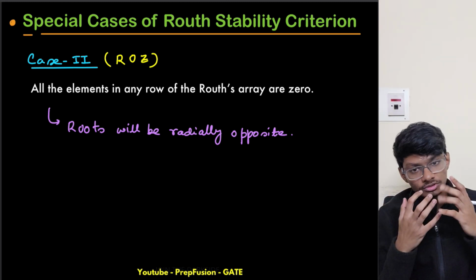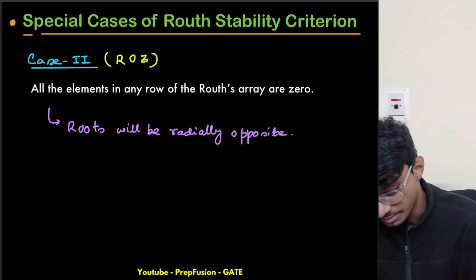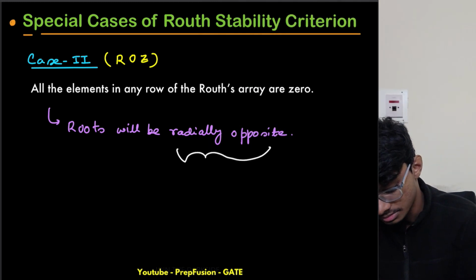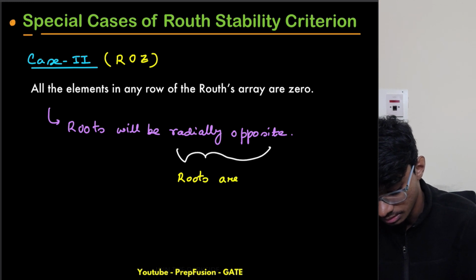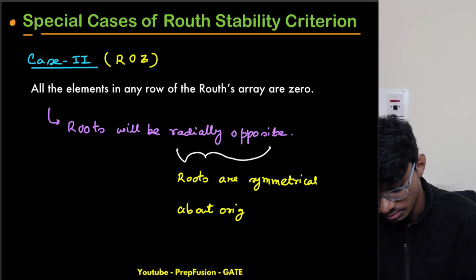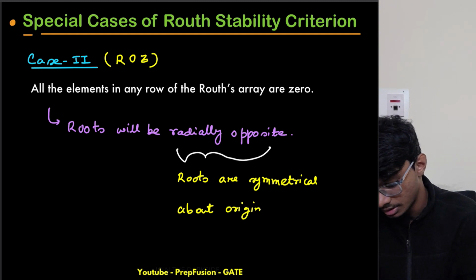And radially opposite means that roots are symmetrical about origin. Okay, so this is what basically my radially opposite roots mean.